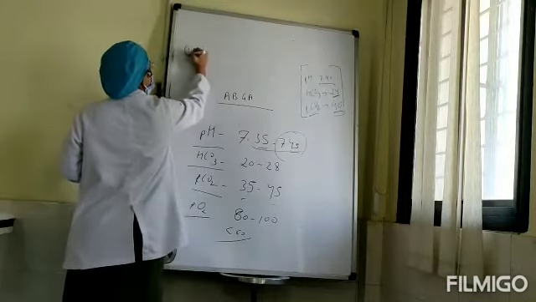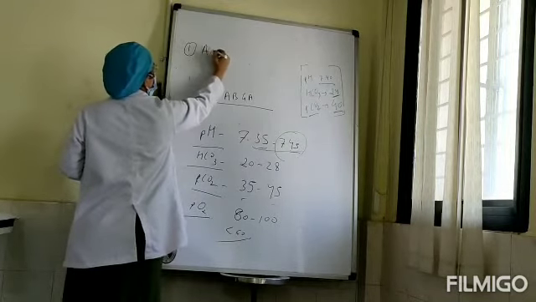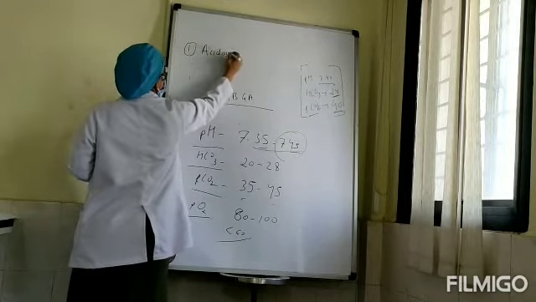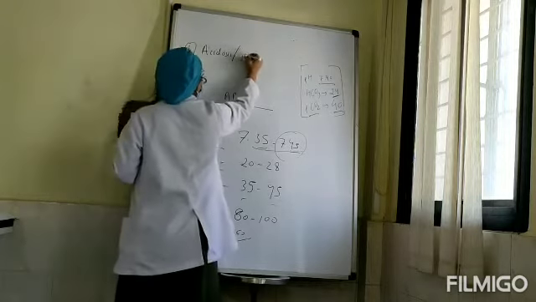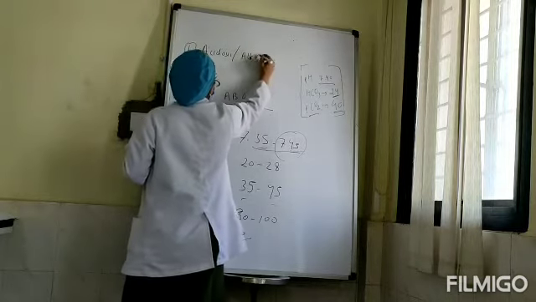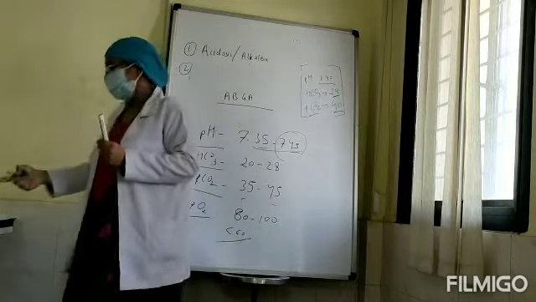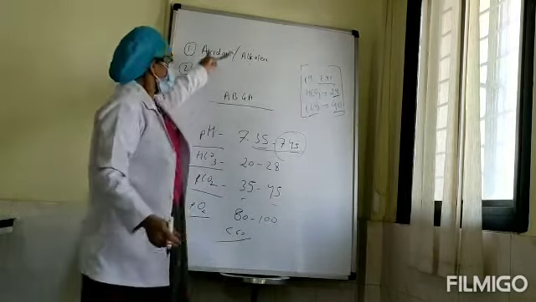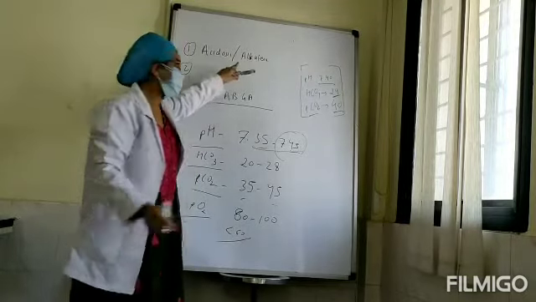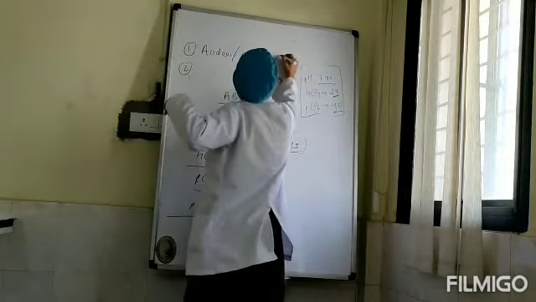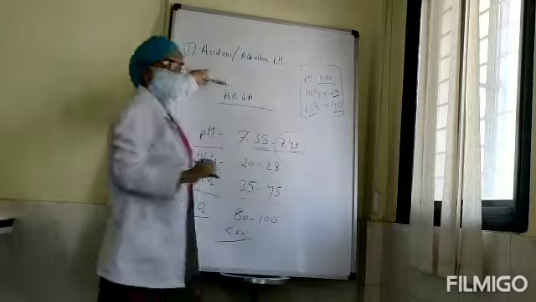You have to decide whether this is acidosis or alkalosis based on the pH. Then we will take a few ABGs as examples. So we see the pH, and we decide acidosis or alkalosis.